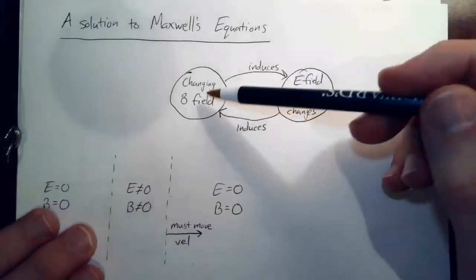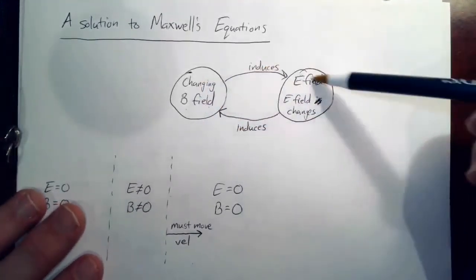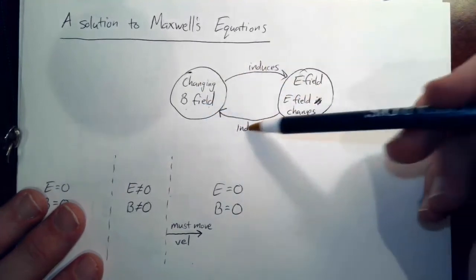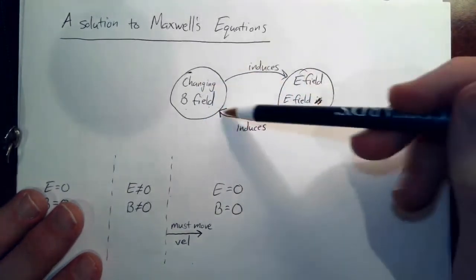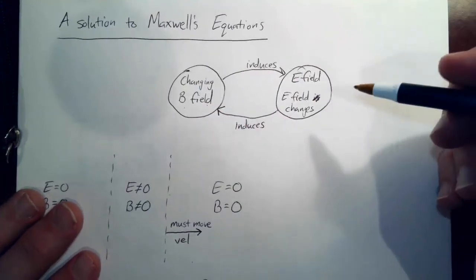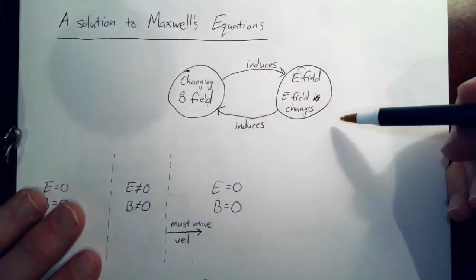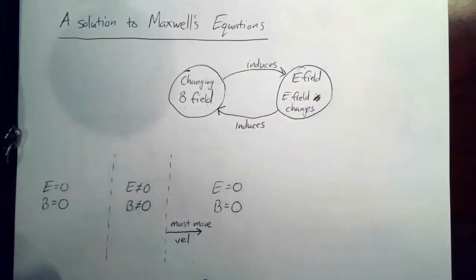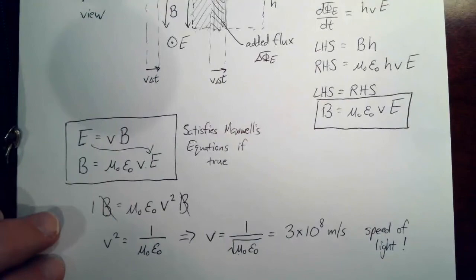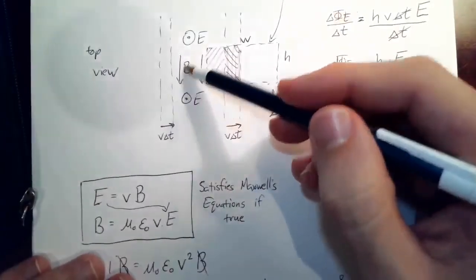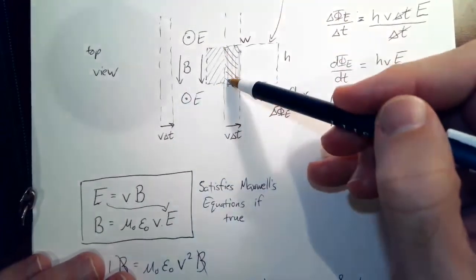And so back to this original cartoon flowchart here. This cycle is, in fact, a solution to Maxwell's equations. And this is an electromagnetic wave. That is the solution that we developed. In this case, it was a pulse. It only existed in a finite slab of space.